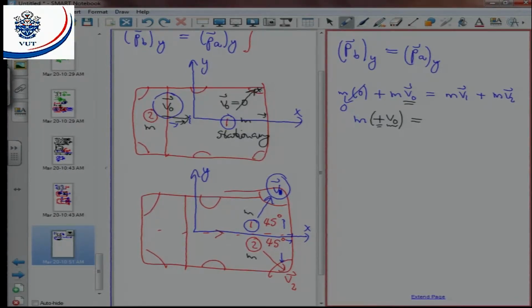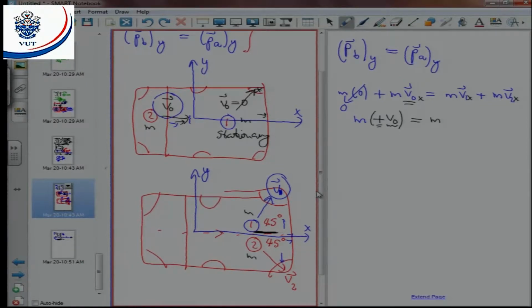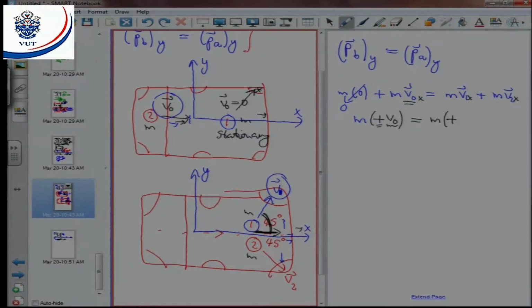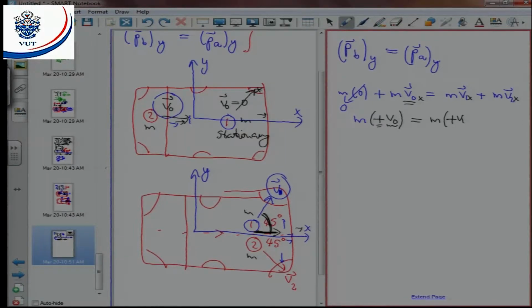This is equal to m, and remember that here we are looking at the x component. The x component of v1 is over here, at an angle of 45 degrees. It's the cos of 45. So then I'll have plus, because it's going towards the positive x direction, plus v1. Wait, we're looking at y, so guys, that's y, that's y, that's y.